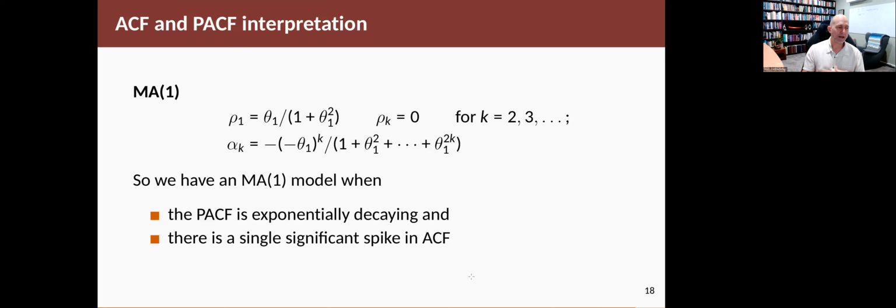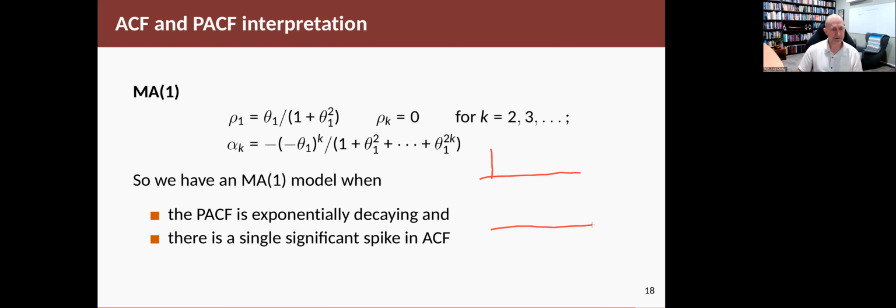If you've got a pure MA model, like an MA1 or an MA(q), then it's actually just the reverse. The PACF tends to be exponentially decaying, and there's a significant spike in the ACF. So the ACF looks like one spike at lag 1 for an MA1, and then nothing.